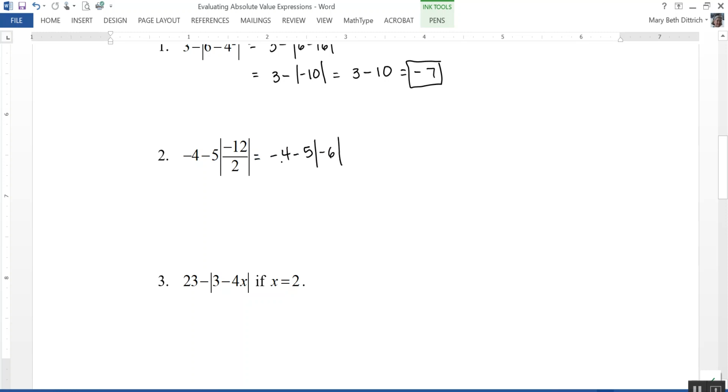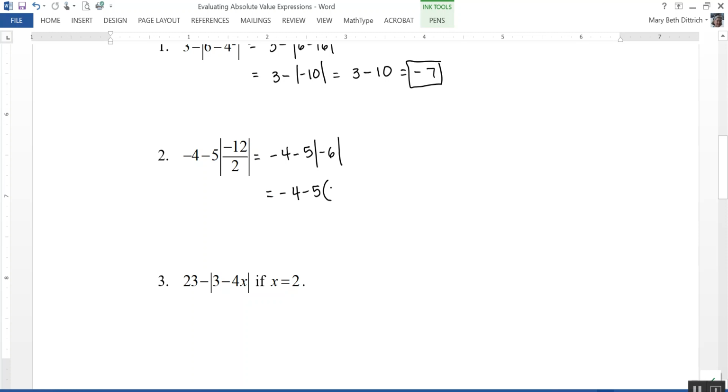Now be careful. Resist the temptation to do -4 minus 5, because that's subtraction. I need to deal with this multiplication before I do that. But even before that, I need to deal with the absolute value of -6. So I have -4 minus 5 times, and I'm going to switch to parentheses because I like to use parentheses for multiplication.